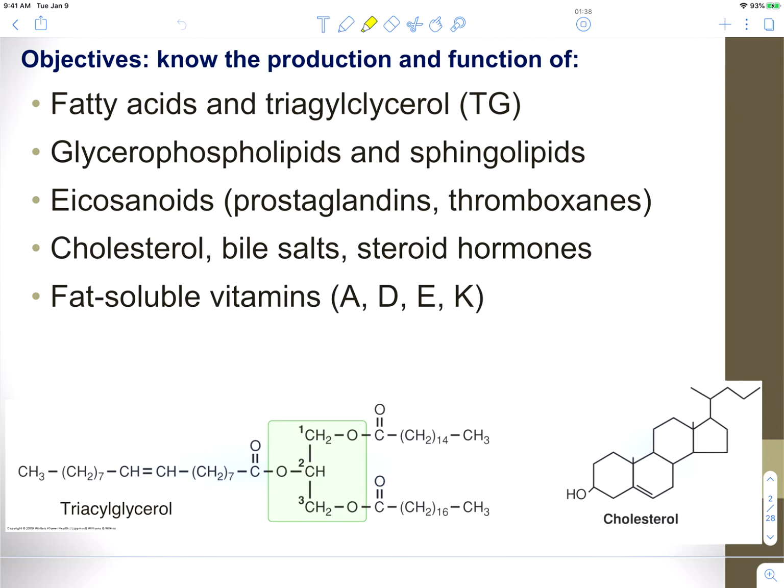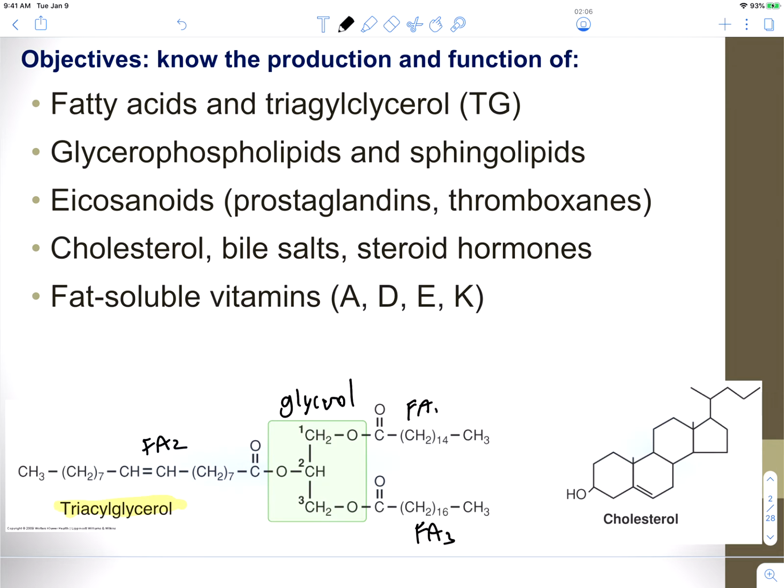So our basic fat molecule is our triacylglycerol. And so the glycerol is the actual backbone shown here. And you have 3 carbons that make up the glycerol molecule, and on each of those carbons you will have a fat. So here is a fatty acid 1, we have a fatty acid 2, and a fatty acid 3.